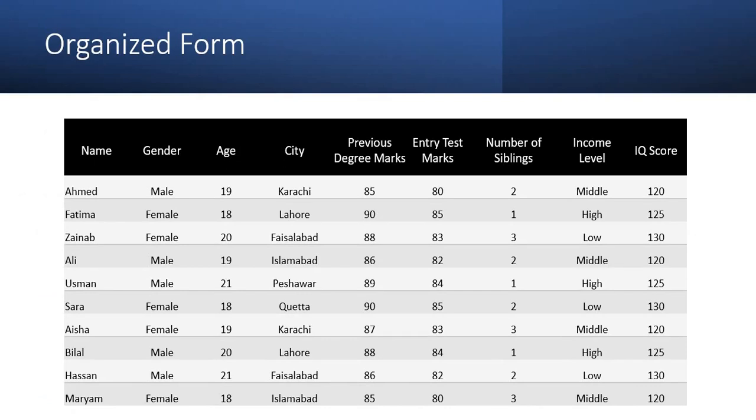For example, we decide that in our context, what we need is the name, gender, age, city, previous degree marks, entry test marks, number of siblings, income level, and IQ scores. Now recall that the purpose of getting this information is knowing more about the backgrounds of the students so that we can make some decisions which depend on the backgrounds of students.